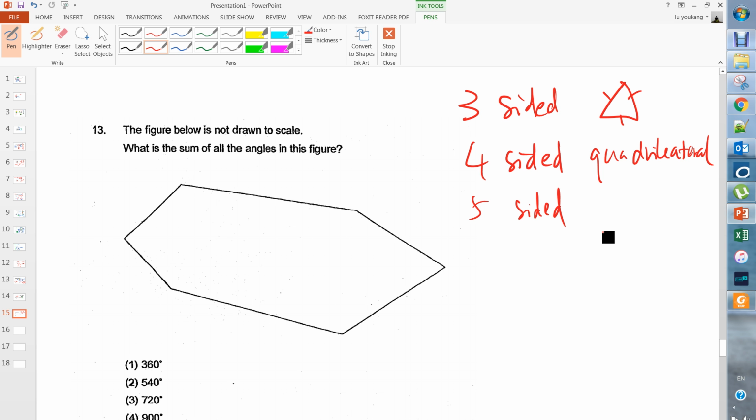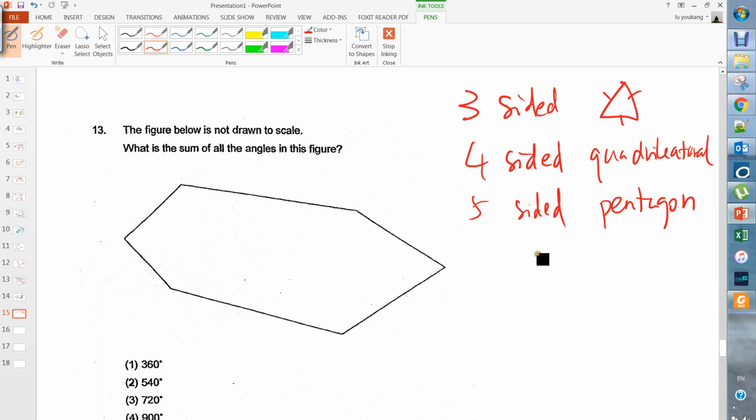I don't want all this. Okay? Good. 5-sided is called pentagon. Have you learned pentagon? So pentagon means 5-sided.